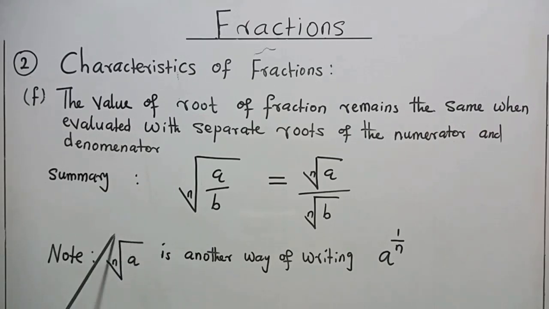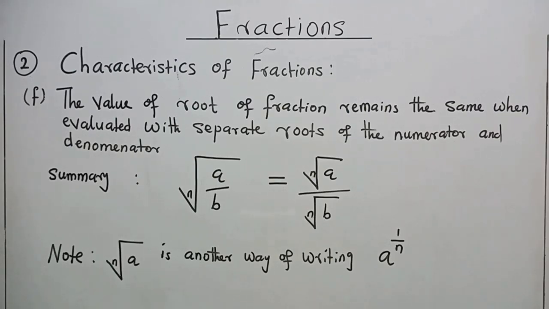And that symbol is called the root. The type of root depends on what is here. Like I said earlier, if it is 2, we call it square root. If it is 3, we call it the cube root in that manner. So this is just another way of writing this expression. Because of that, all examples given in the most recent property of fraction apply here also.